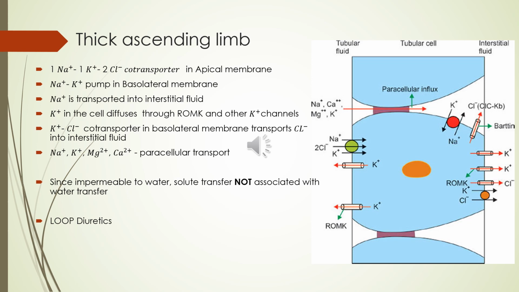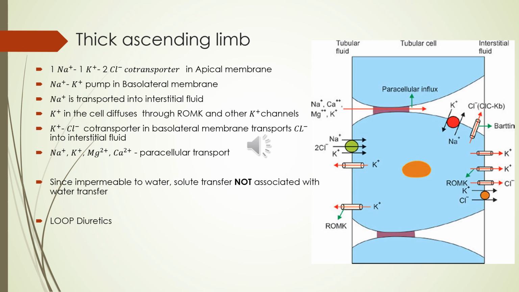So the sodium 1, potassium 1, chloride 2 cotransporter in the apical membrane helps in the reabsorption of sodium, chloride and potassium ions, and the sodium potassium pump, the potassium chloride cotransporter, and the ROMK and other potassium channels in the basolateral membrane help in the transport of these solutes into the interstitial fluid.